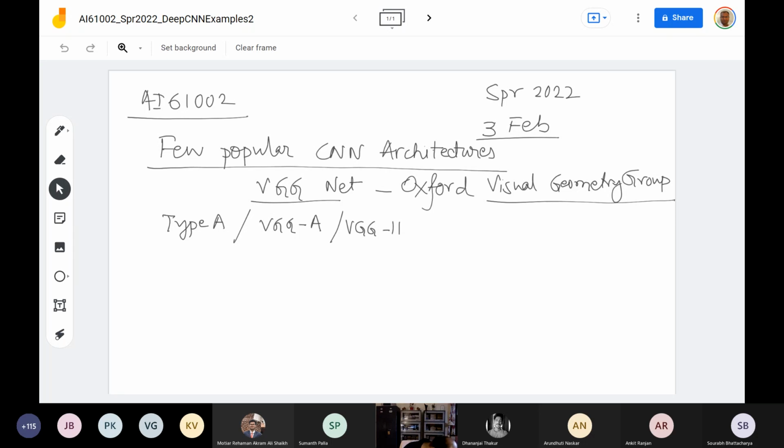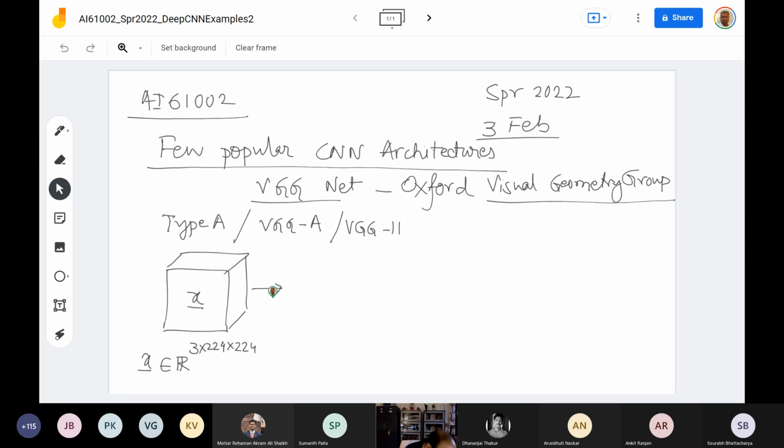So say I take an input over here, X, which is the same size as an ImageNet input. So essentially your X is 3 cross 224 cross 224.